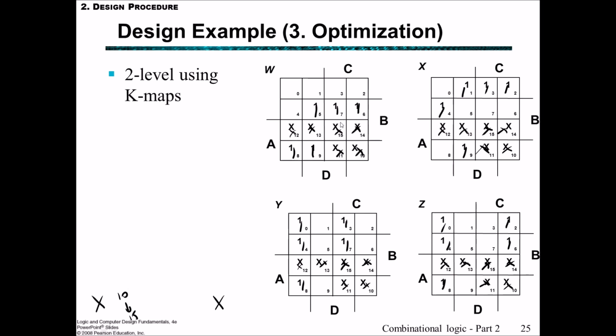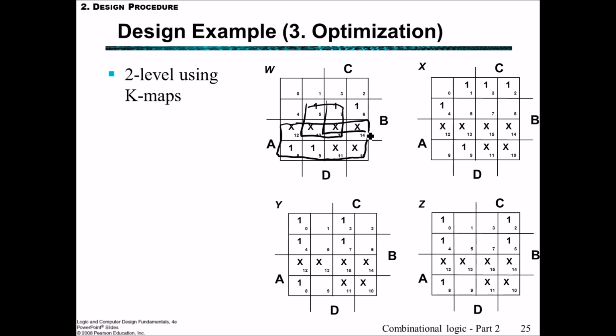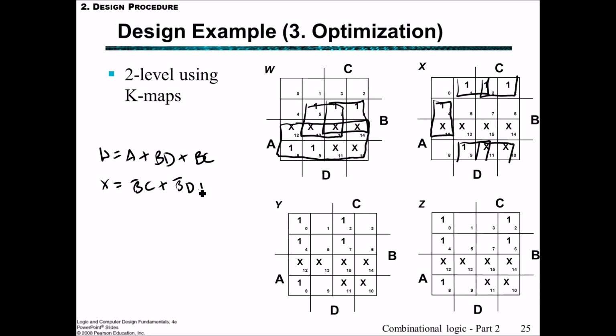Now we have to draw some rectangles around these. We can find an 8, a 4, and another 4. So W equals A or BD or BC.